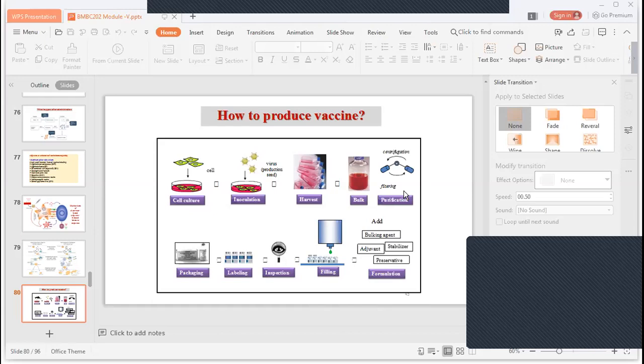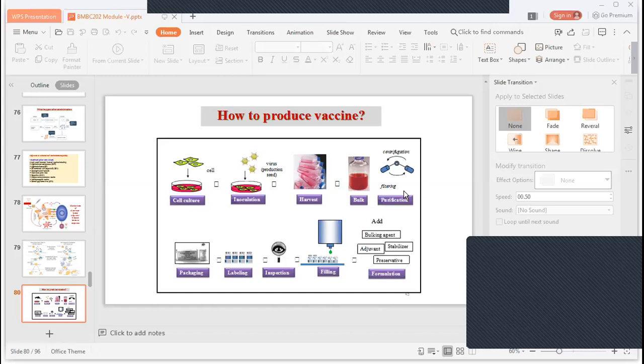Now after formulating the vaccine solution, you have to fill it in different vials, and also you have to seal the vials at once under aseptic conditions. Then you have to check for any impurities. So impurity check or inspection is a must, because we are injecting it parenterally or intramuscularly.